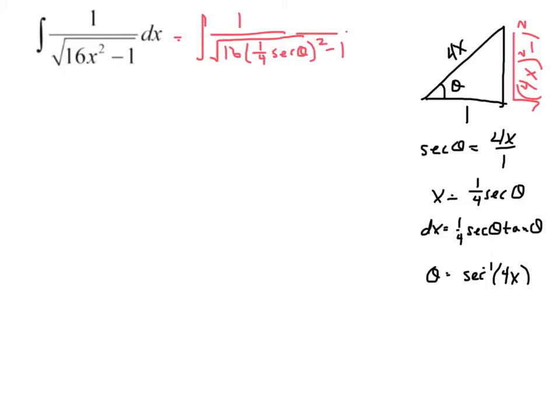multiplied by dx. I should have had a d theta down here, apologize, which is 1/4 secant theta tangent theta d theta. I'm going to bring that 1/4 out front. I'm going to bring the secant theta tangent theta up top.